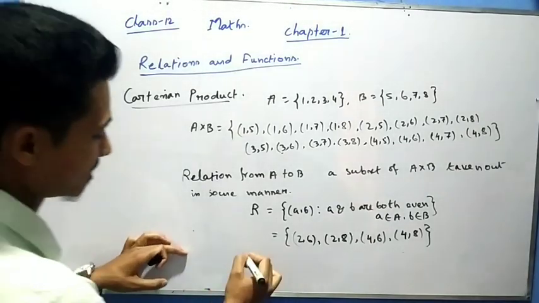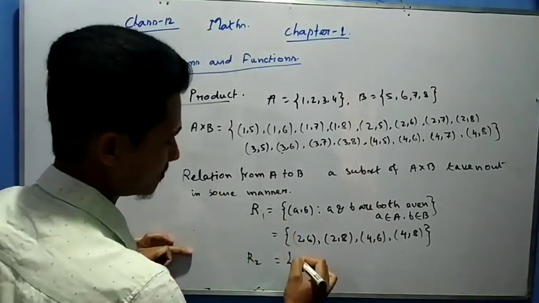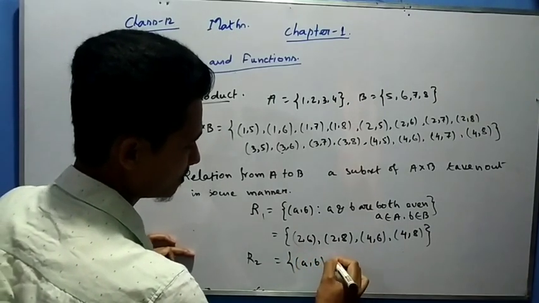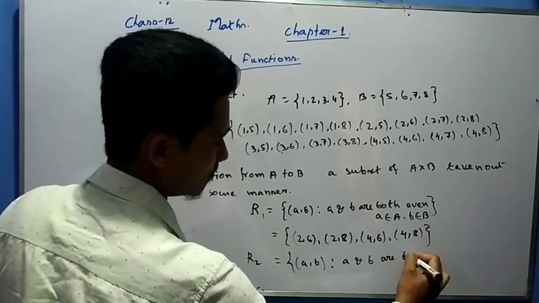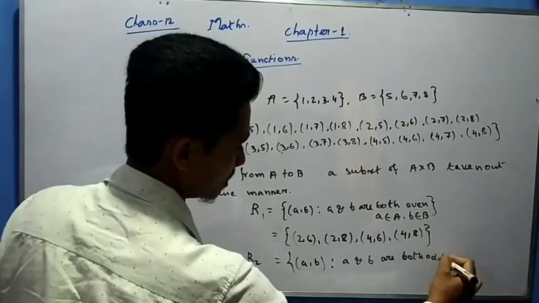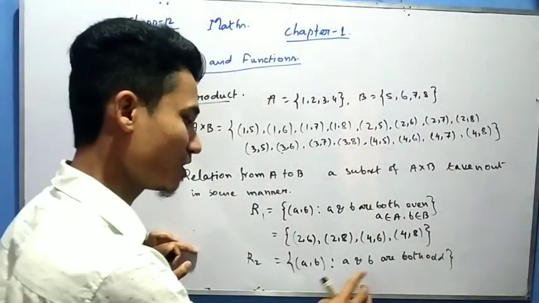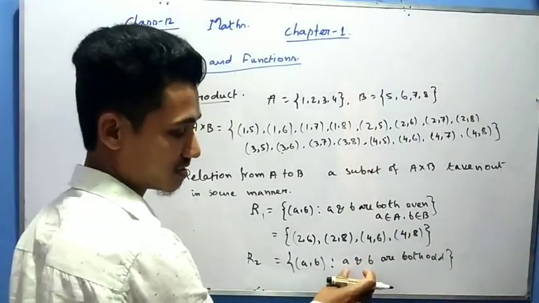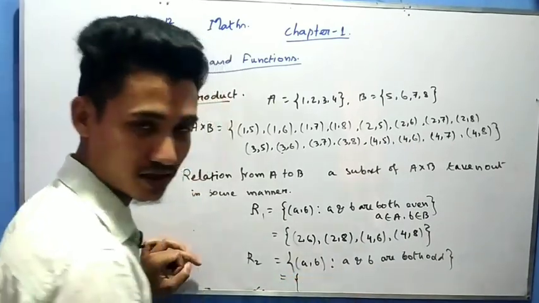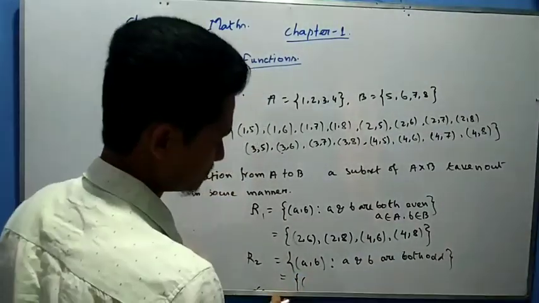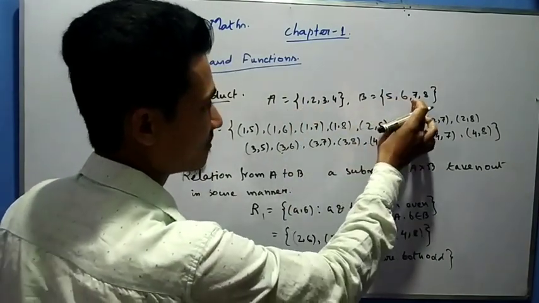Okay, so let us take another example. Suppose the first is denoted by R1, and this is denoted by R2. Suppose (a, b) such that a and b are both odd. What is the manner here? How are we defining the relation between a and b? We are defining that both numbers should be odd. What are the odd numbers? 1, 3 and here 5 and 7.